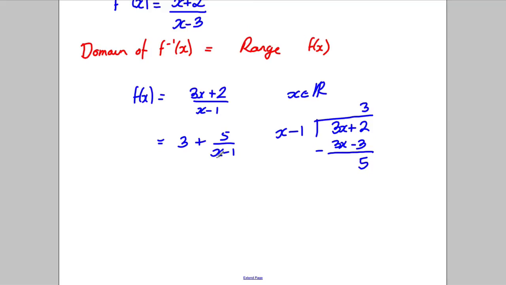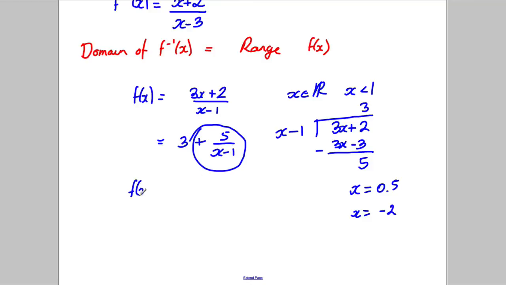Okay, so clearly what you can see from this is, given that you were told that x could be a real number and x had to be less than 1, for example x had to be 0.5 or x had to be -2 and stuff like that. If you put those numbers in here, this whole thing here will always be negative. So it's 3 combining with a negative number, so this would always be less than 3.